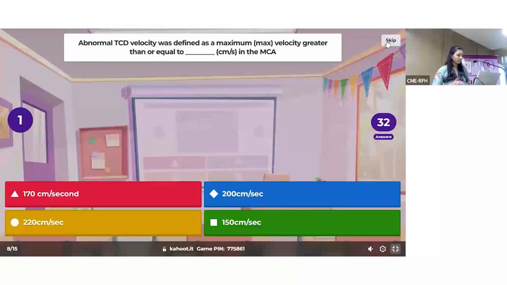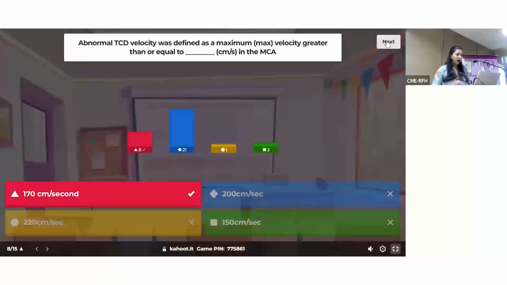Okay. So normal is less than 170, abnormal is more than 170. 170 to 200 is conditional, and more than 200 is when you actually act and do something.